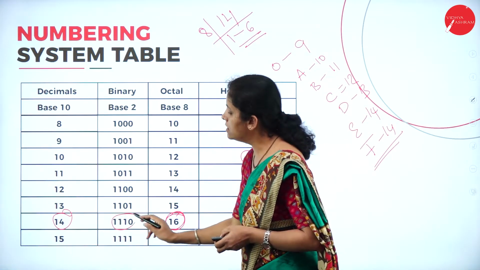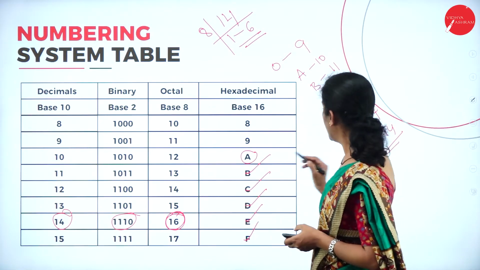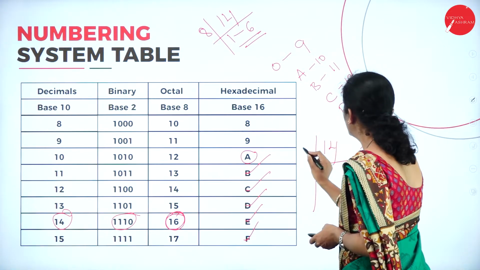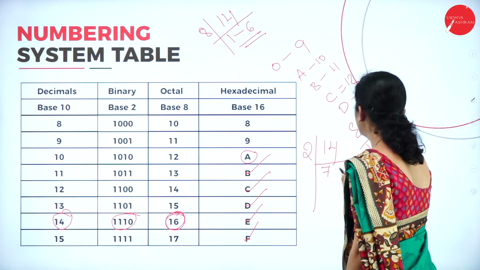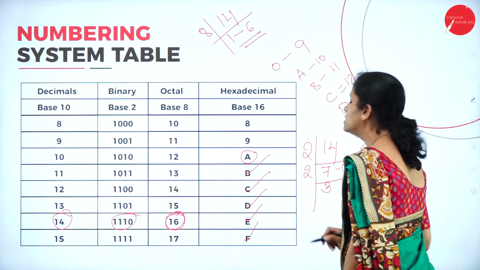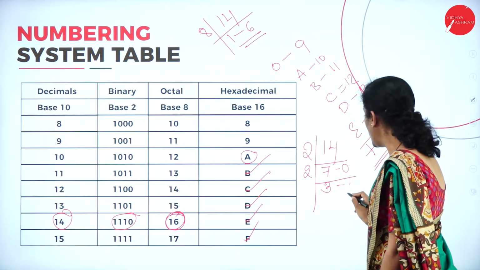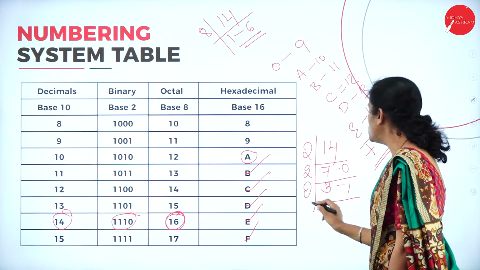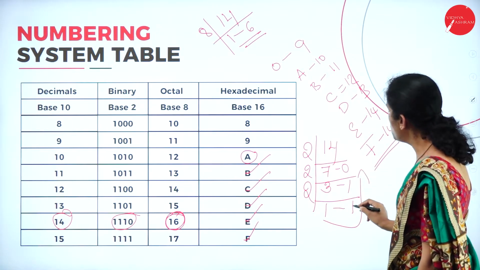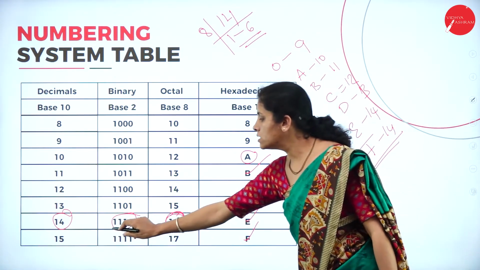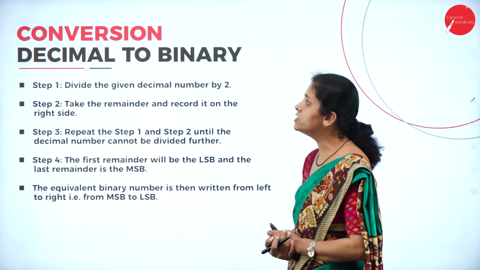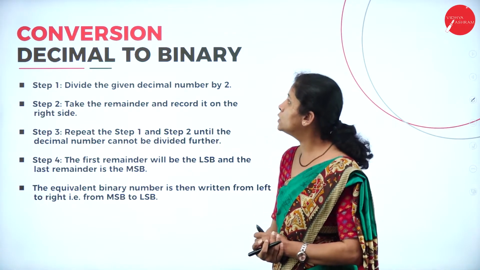And if I consider binary, then it is 14 divided by 2. 2 sevens are 14, 0. 2 threes are 6, 1 remainder. 2 ones are 2, 1. So it is 1 1 1 0.